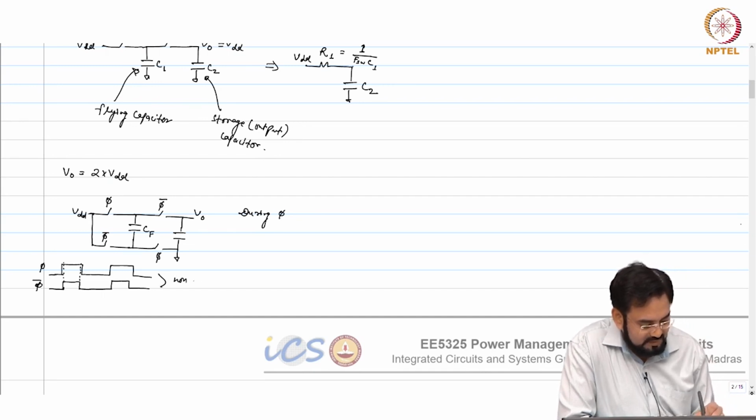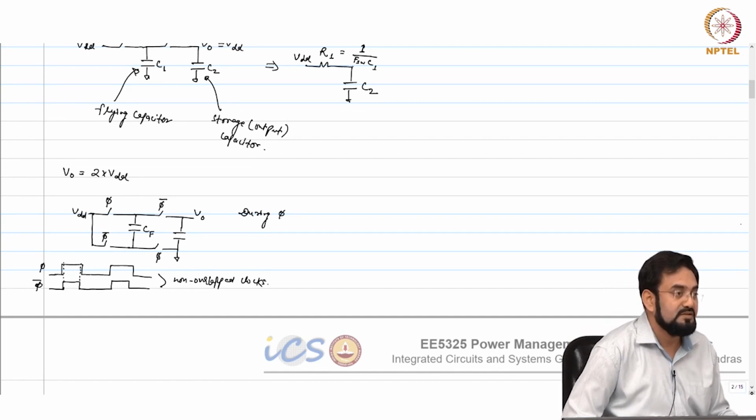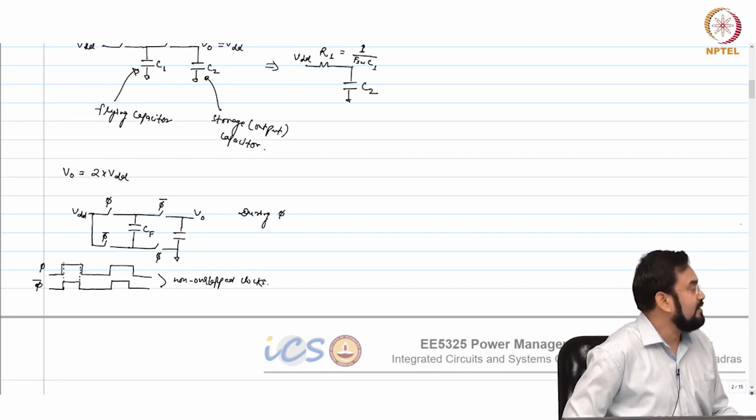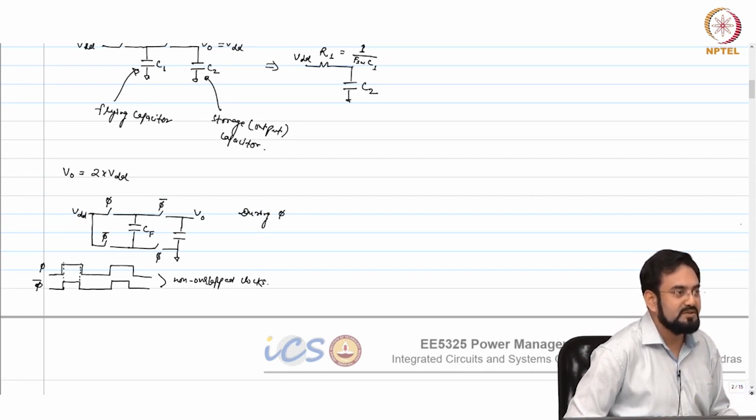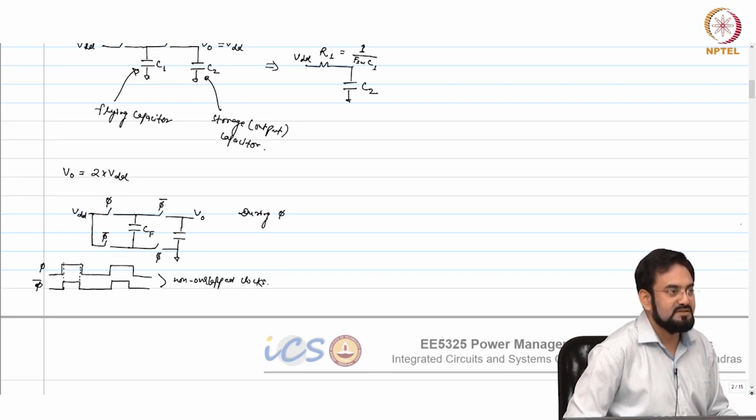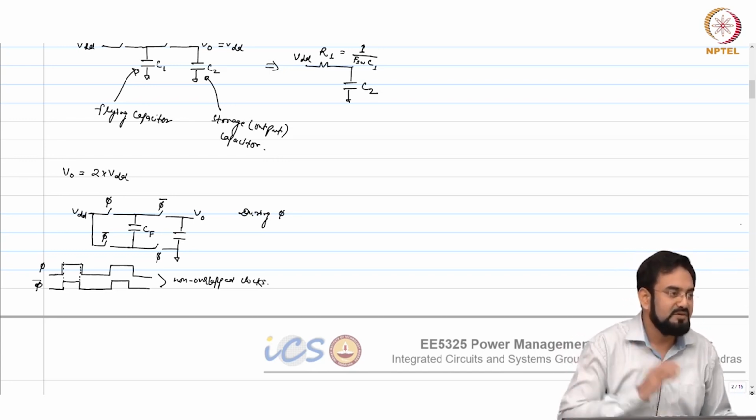Why do we need a non-overlap clock here? If both are on, the capacitor will be shorted and the effective charge will become 0. The capacitor will fully discharge, so it will disturb all the equations.